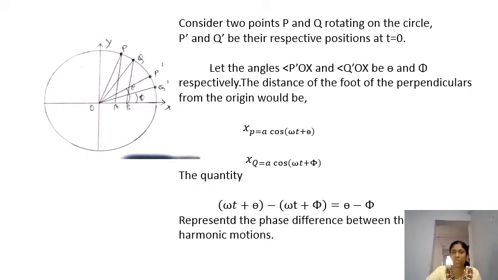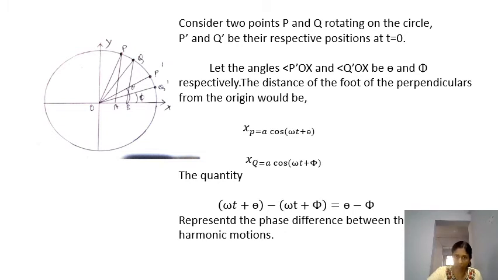So the initial angle with respect to P dash is theta, and with respect to Q dash it is phi. We draw a perpendicular from P to the axis. With respect to the x-axis, xp is equal to a cos of omega t plus theta for particle P, and for Q it is written as a cos of omega t plus phi.